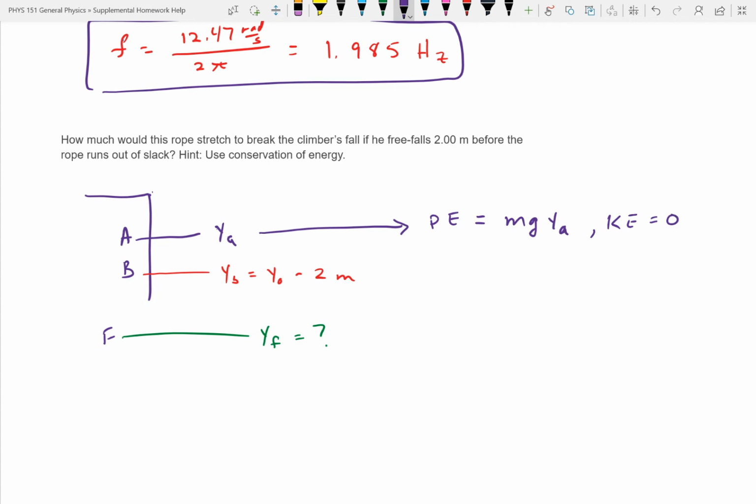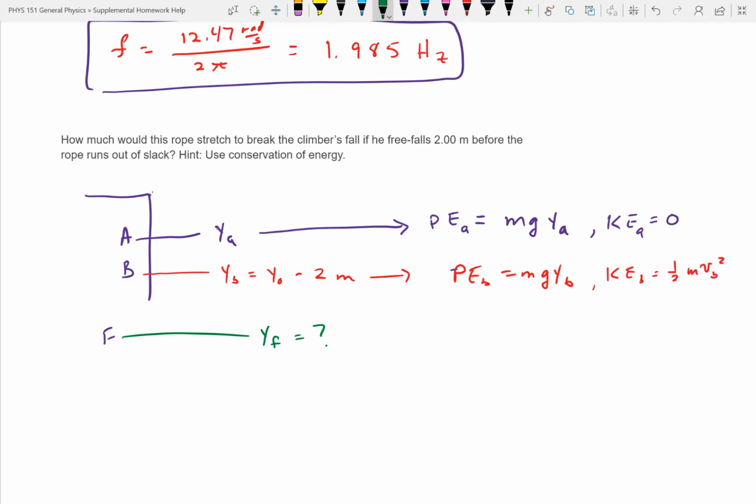What does he have at this point, at B? We have some of each. So we'll have potential energy at B equal to mg YB, and kinetic energy at B equal to 1/2 m vB squared.